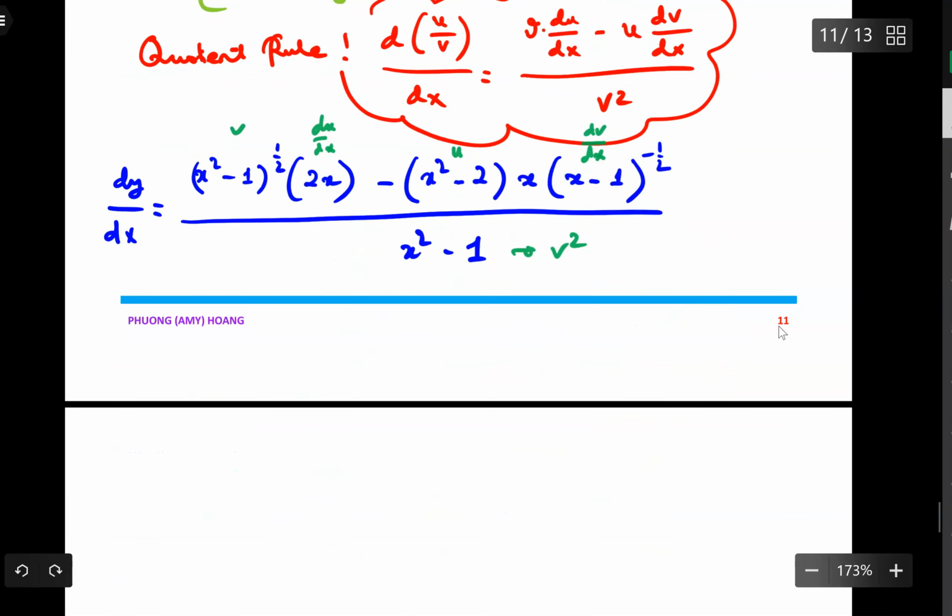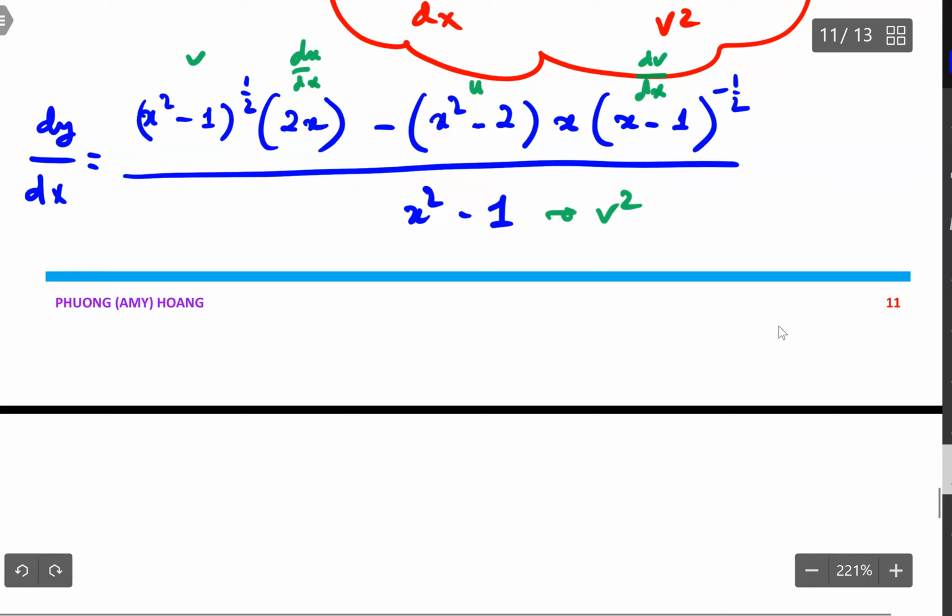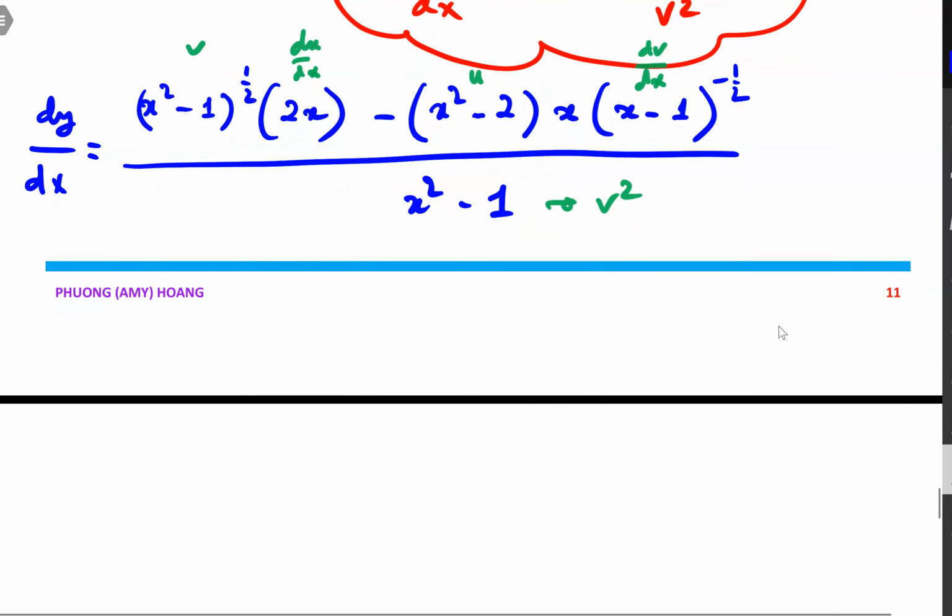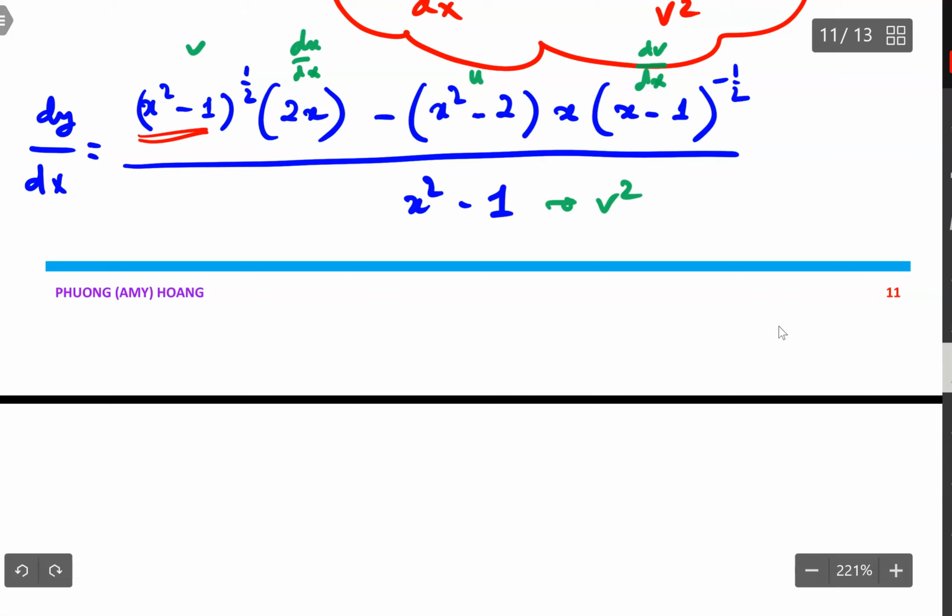Okay, so now when we simplify, again, go back to the process of taking common factors. You have this here as your common factors, right? So x squared minus 1 to the exponent a half, and x squared minus 1 to the exponent negative half, there's a common factor between these two.